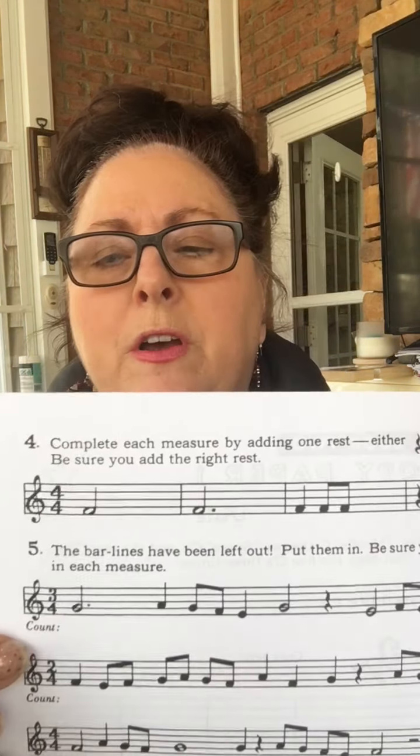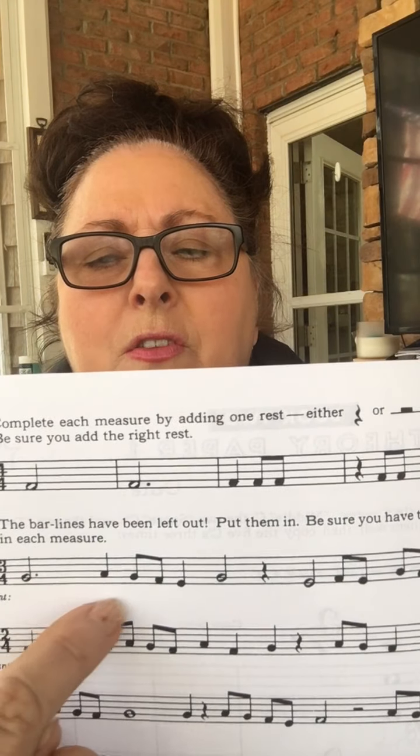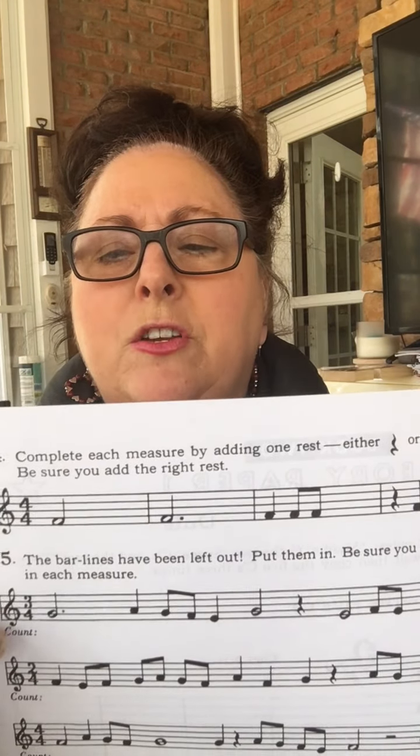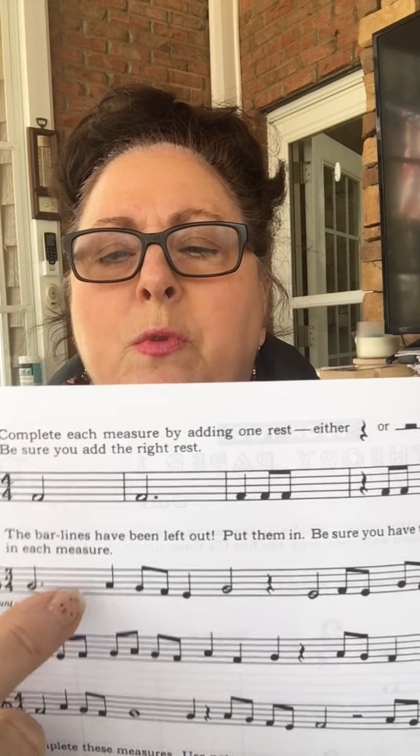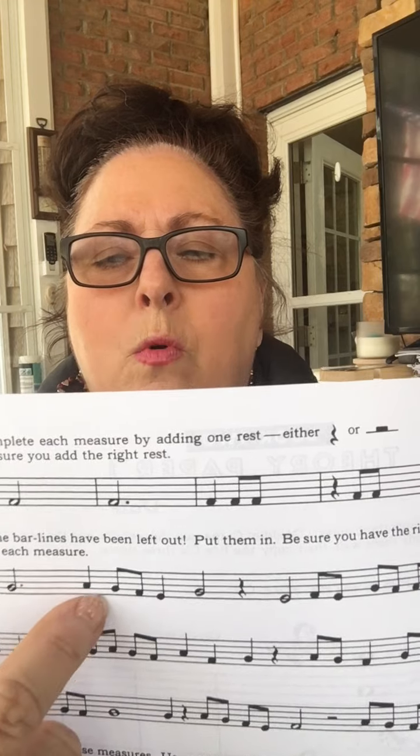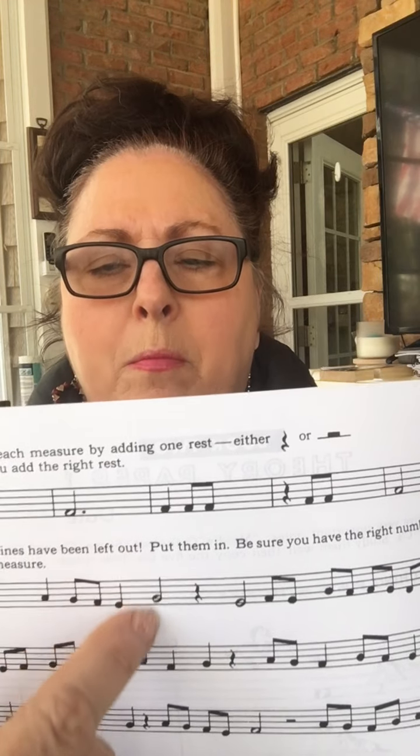The next section, number 5, says the bar lines have been left out. So you're going to put them in. Be sure you have the right number of beats in each measure. So I would write my counts right where it says counts underneath, and when you get to, see, this one says 3 beats per measure, 1, 2, 3, bar line, 1, 2, 3, bar line.